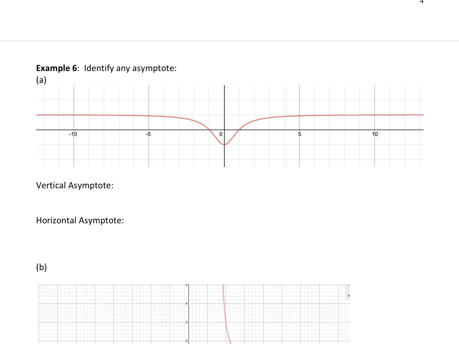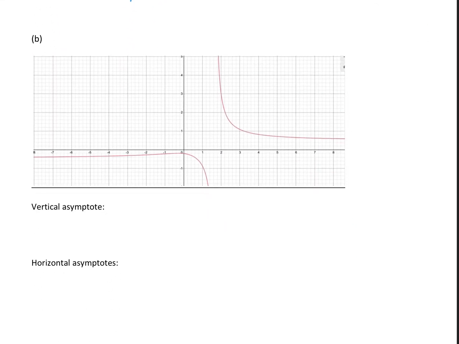If you figure it out, the answer for the vertical asymptote here does not exist, right? Does not exist. Horizontal asymptote, I see this one, so y equals 1 is the horizontal asymptote. The next one, vertical asymptotes: I see one right here, I think.